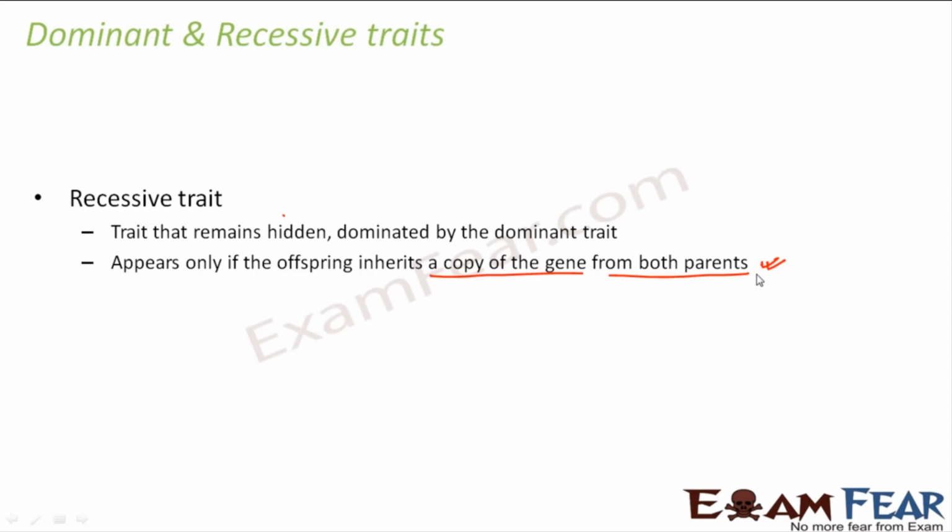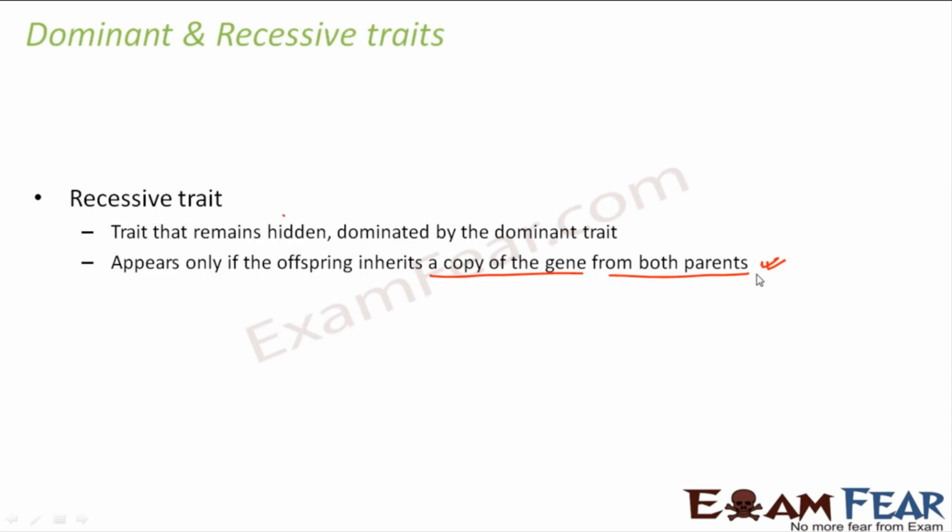But if both the father and the mother have a blue eye, in that case, the kid will also have a blue eye. So this trait gets expressed only if the offspring inherits a copy of the gene from both the parents. So both of them have to contribute for the recessive trait to get expressed, right?